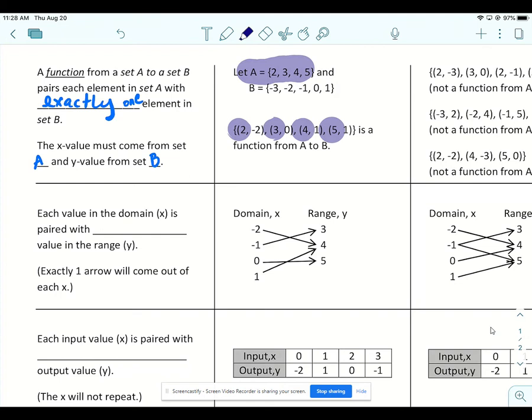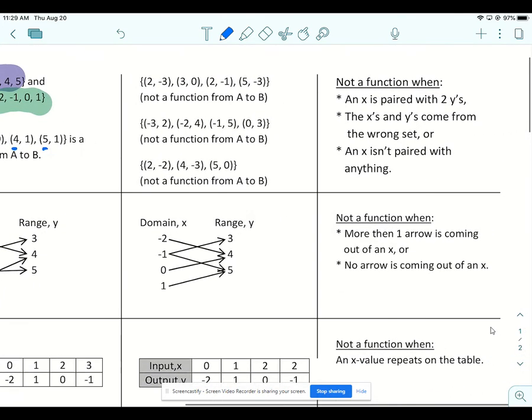And then all of the y values are coming from set B. And every value from set A is paired with exactly one from set B. So the x values are never repeated. The y values are fine if they repeat. It's still a function, but the x values aren't going to repeat.